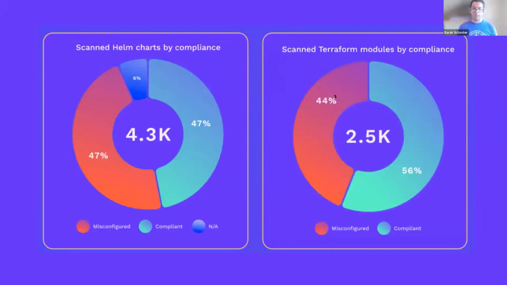At Bridgecrew, we've scanned thousands of Helm charts and Terraform repositories from open source GitHub, Artifact Hub, the Terraform registry, and various other sources. And we were curious about our hypothesis of how many misconfigured templates there are out there in the wild, in the open source. And we've discovered that almost half of the available open source Terraform modules are misconfigured, and a lot of Helm charts are not compliant as well.